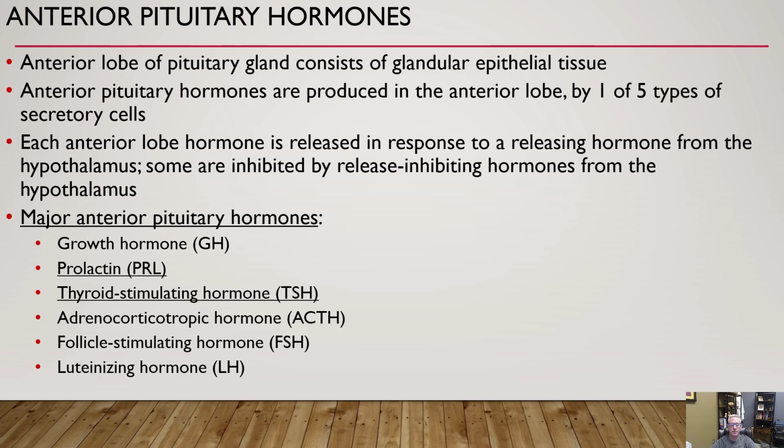So some of your anterior pituitary hormones: growth hormone, prolactin, thyroid stimulating hormone, adrenocorticotropic hormone, follicle stimulating hormone, luteinizing hormone. Dopamine, which is actually released from the hypothalamus, inhibits the release of prolactin. So dopamine would inhibit the release of prolactin.